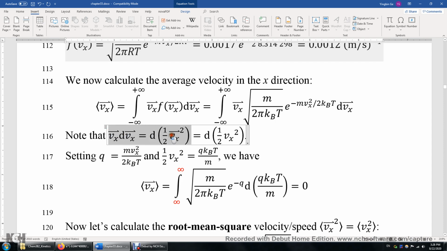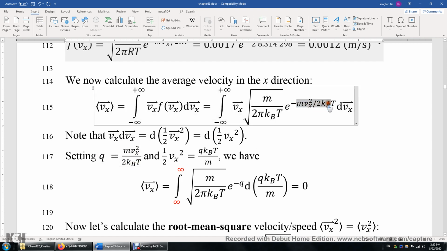This is just single variable differential calculus. And remember, when we are talking about the motion in one dimension, the velocity squared is equal to the speed squared, because the velocity is simply either plus or minus speed. So we have this equation. And then we set q to be mVx squared over 2kBT.